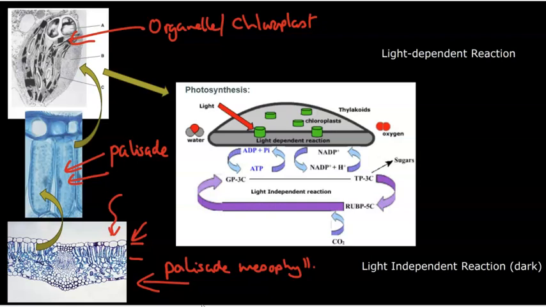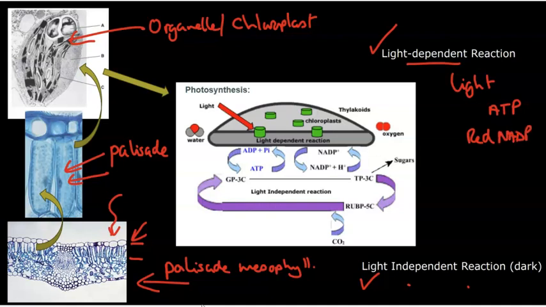There's the so-called light-dependent reaction, and then there's the light-independent reaction. Summatively, one can think of the light-dependent reaction as the conversion of light energy into ATP and the reduced coenzyme NADPH.